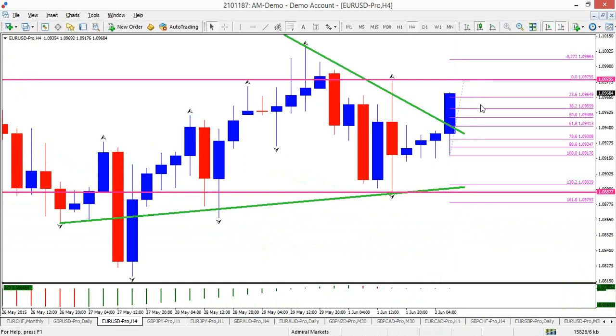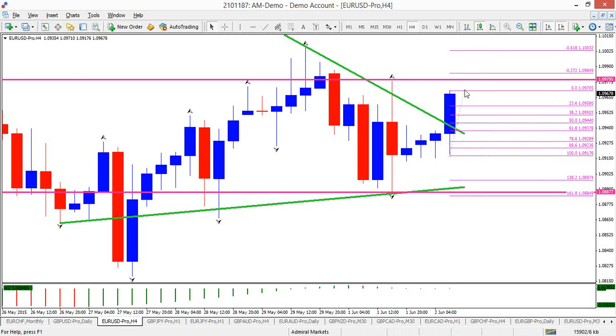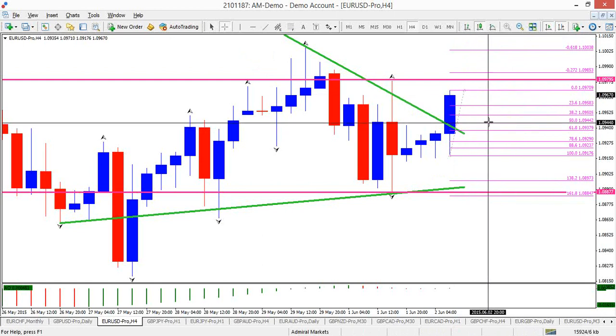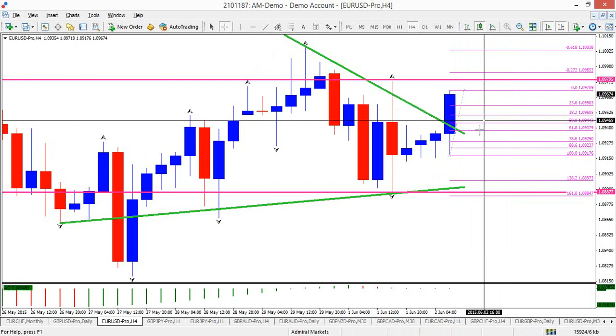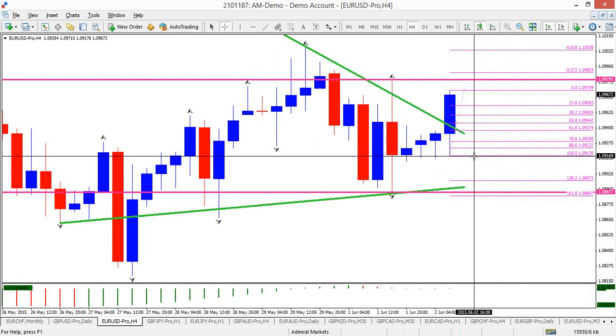Wherever it closes, wait for the hook back to 109.55, 109.50, with a stop loss below 109.17. If of course you have to put the fib where the candle stops. At the moment, the candle's here, but if the candle goes higher, then we have to drag the fib to the higher spot. At the moment, it would be this fib. In that case, the entry would be 109.52-ish, with a stop loss below 109.17 at, let's say, 109.13. So that would be a 39 pip stop loss and a lot tighter, smaller size.